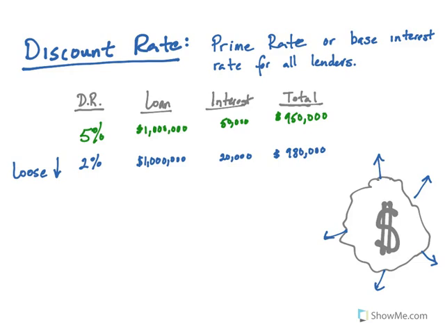Note, on the green line, I went back in and I fixed the math. 1,000,000 minus 50,000 is 950,000. So at 2%, more people are going to want to get a loan at 2%. That's a great interest rate. So if the Fed wants to expand the monetary supply and provide a loose monetary policy, all they need to do is decrease the discount rate.